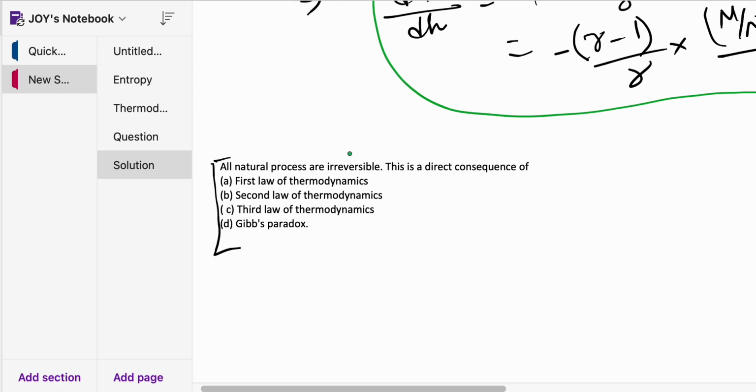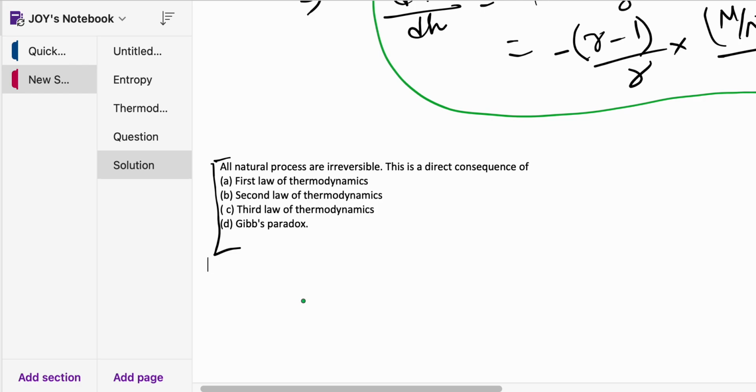This is a very interesting thing: classically, all things can be derived from Newton's laws, and Newton's laws are all reversible in nature.